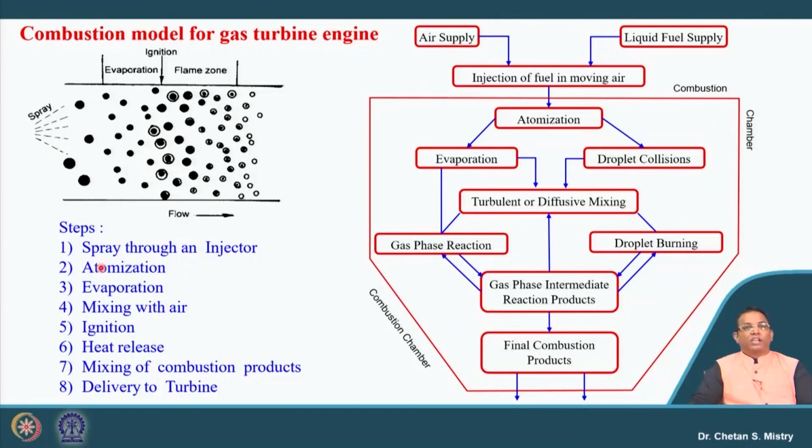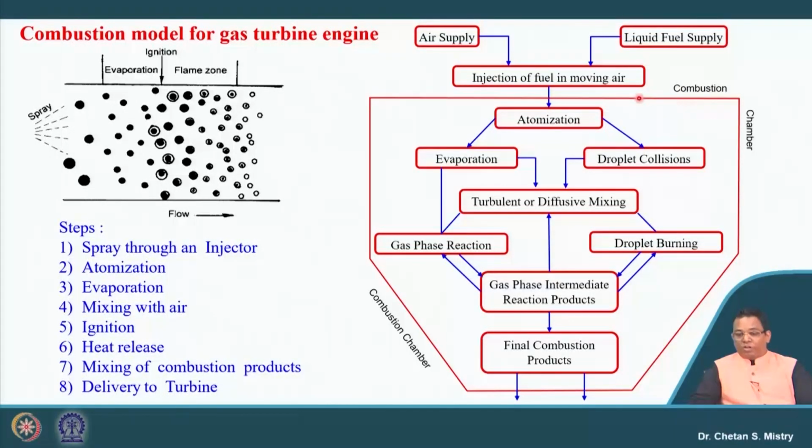Next, it is subjected to atomization. Because of the temperature rise, we have evaporation and proper mixing of fuel and air. Then we have ignition. Because of this ignition, we have heat release and mixing of the combustion products. After all this, it is delivered to the turbine at the required temperature and pressure.